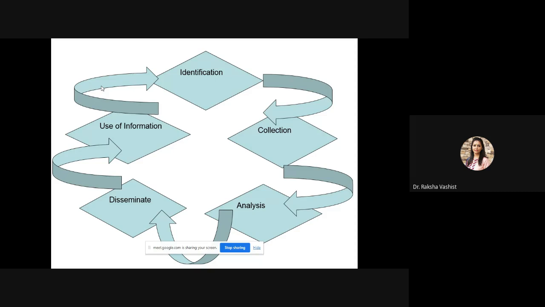The primary data is original in nature, whereas secondary sources are those where the researcher or investigator uses the data which have already been used by someone else for their research.